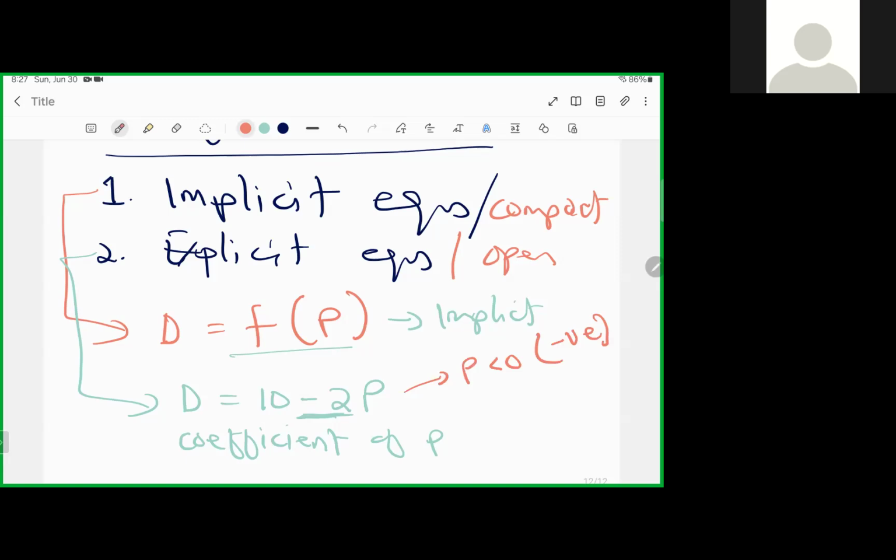If I write an equation and tell you to write it in an explicit form, it's basically for you to open it up and attach the various signs. In this case, the coefficient of price in the demand equation is expected to be negative. That is for a normal good. We are looking at it from the perspective of a normal good. So this is the first one.